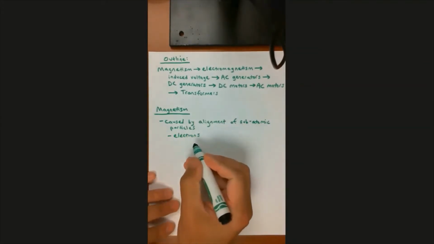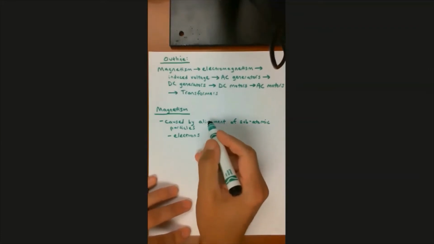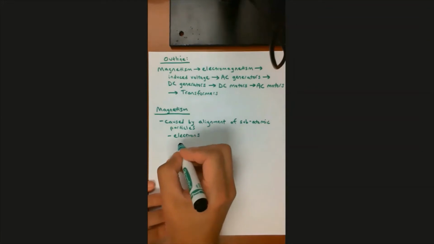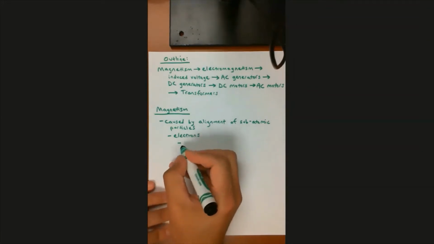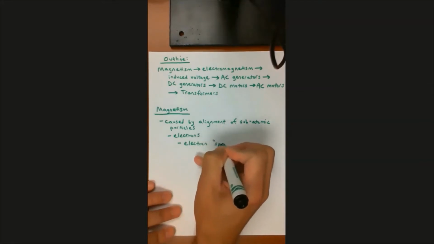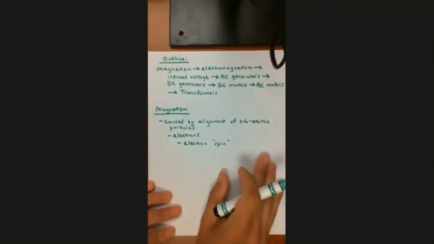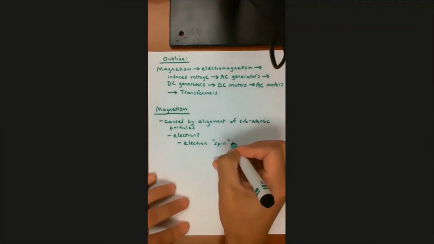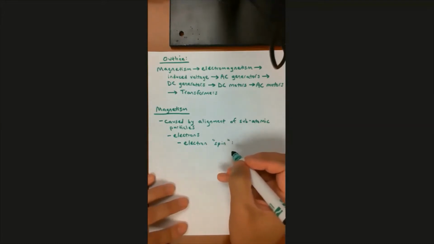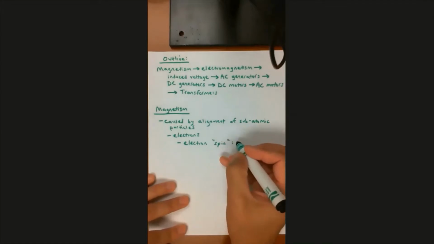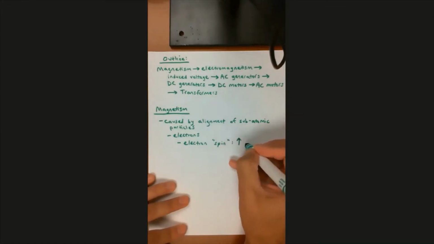And even more specifically, when we talk about the alignment of electrons, that's kind of a weird thing to think about, but what we really mean is something called electron spin, which might not be something that you've heard of before. So what electron spin means is that as the electrons are filling up the electron shells around the nucleus, each electron is said to either have up spin or down spin.